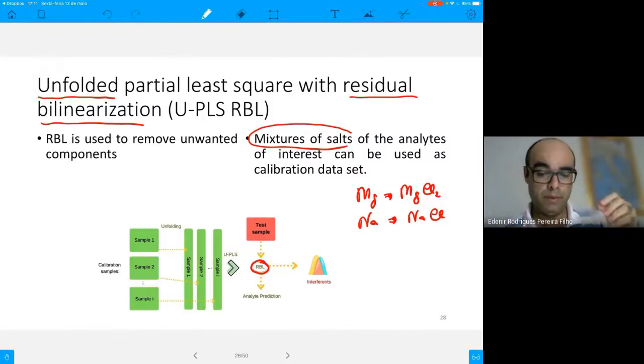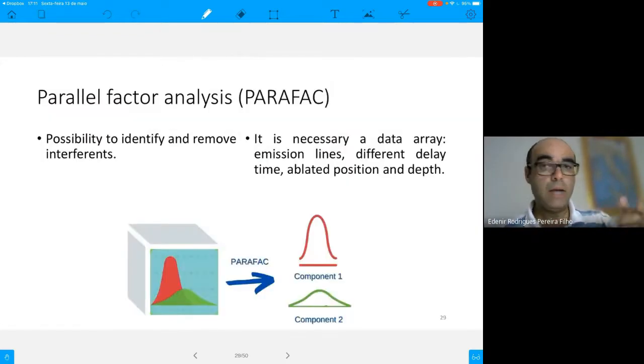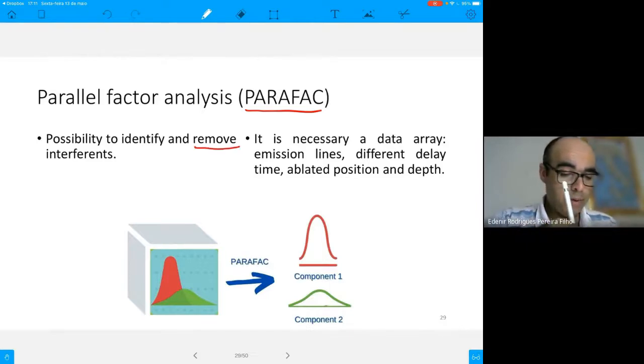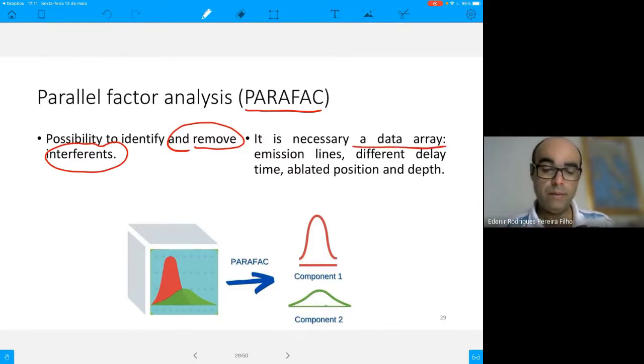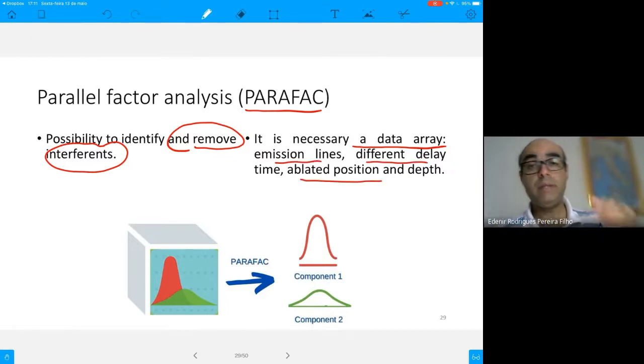Another example is PARAFAC, parallel factor analysis. Using this strategy, it's possible to identify and remove interference. A data array is necessary. This data array can be emission lines, different delay times, and ablated position and depth in the sample.